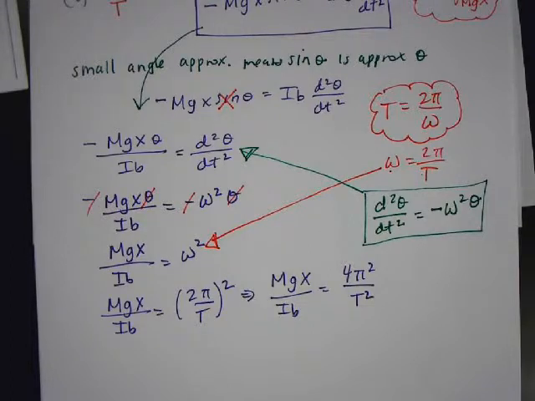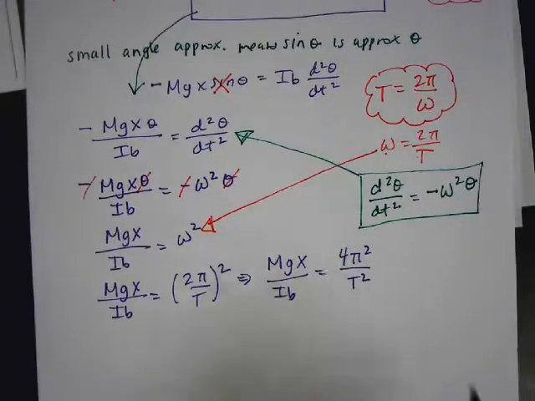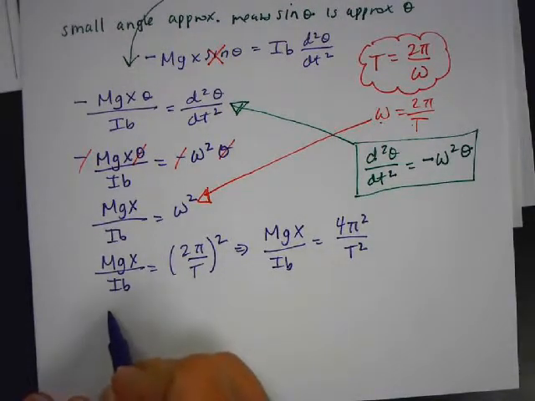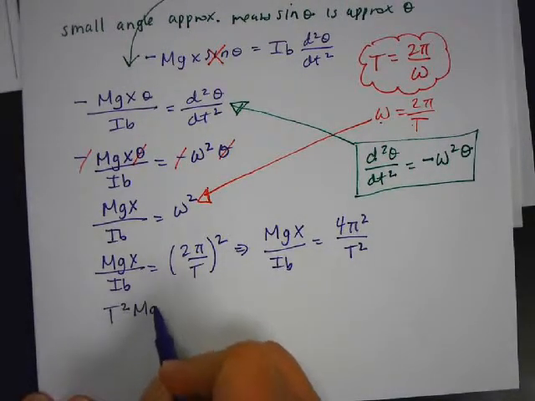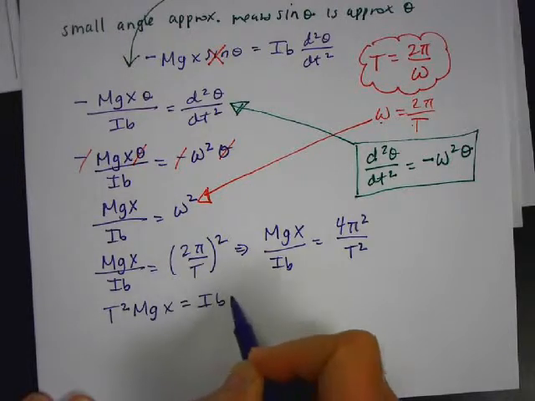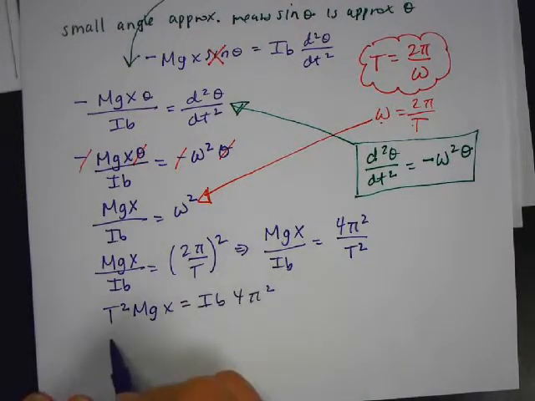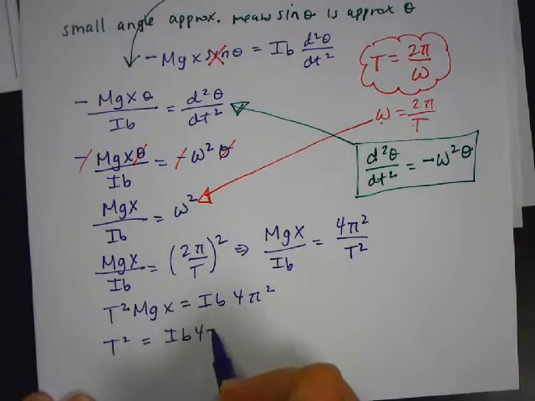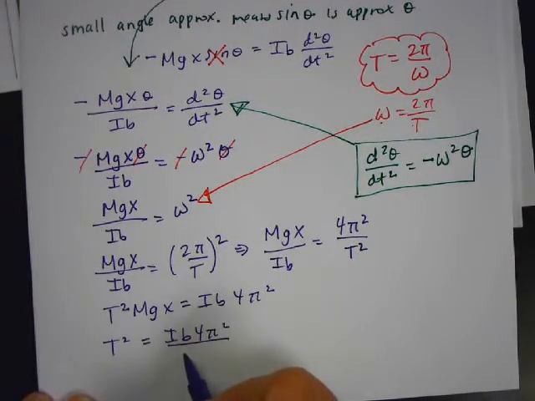Now I can cross multiply. I can do whatever I want algebraically, and cross multiplying is an easy way to get rid of the fraction. So I have T squared mgx is equal to I sub b 4 pi squared. So T squared is equal to I sub b 4 pi squared over mgx.